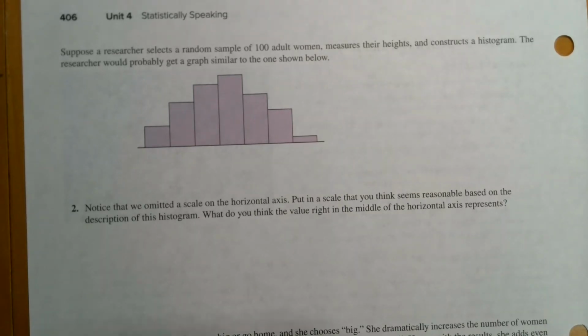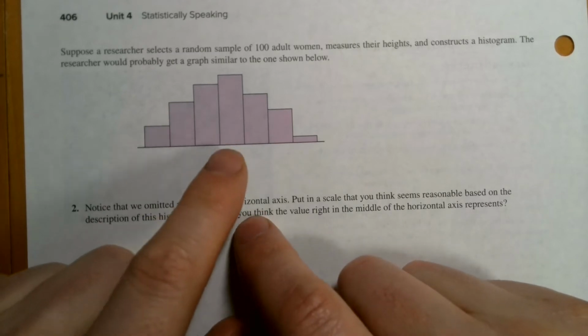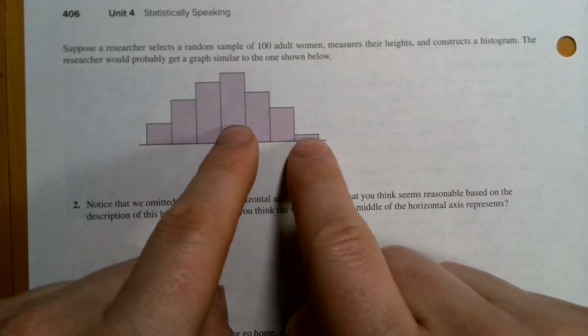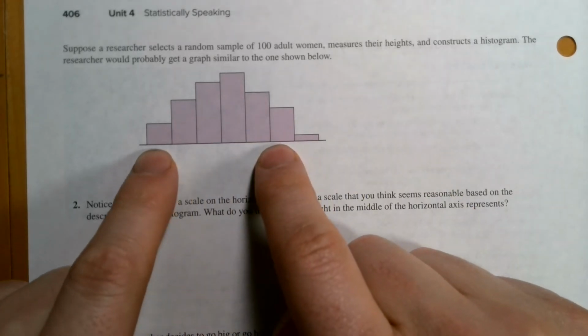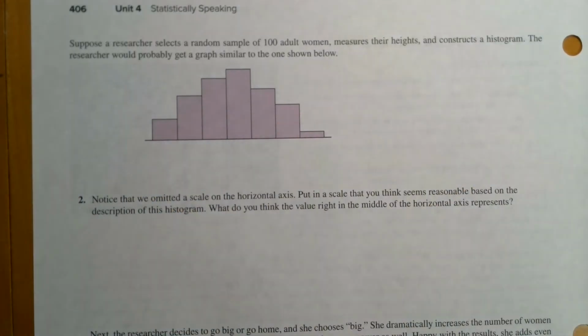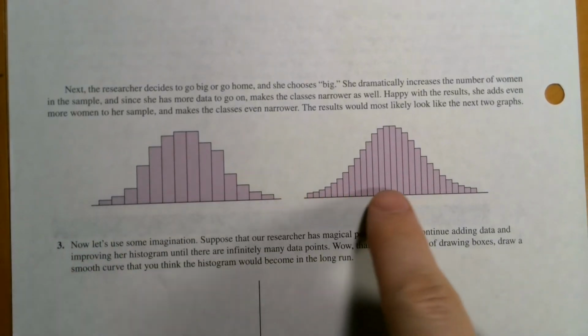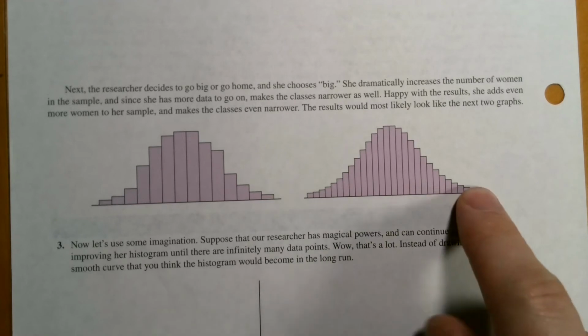And I don't know, should we say the average height of a woman is 5'7" and say that's the middle? And that there's some women that are 6 foot and taller and some women that are 5 foot and shorter, somewhere in there? Maybe. And then if we went and continued to collect more data and got larger and larger sample sizes, we might get a shape that gets closer and closer to this.